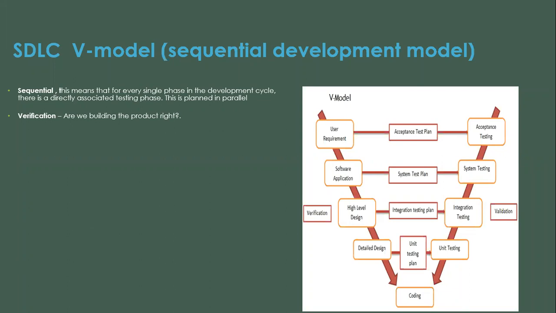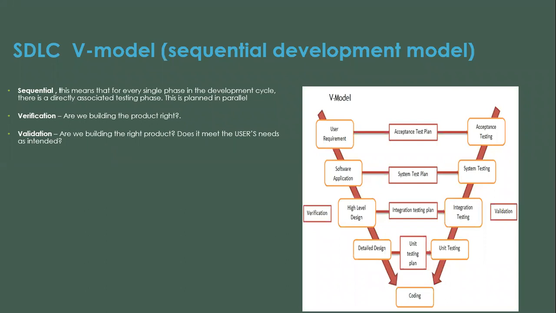So that takes me to what's the meaning of verification? Verification: are we building the right product? That's the first thing. When you were boiling the rice, putting the water into it, are you sure it's the right thing that the customer is asking you? I hope it's not the brown rice you are cooking. It's the basmati you are cooking. That's the verification phase. The validation phase: are we building the right product?